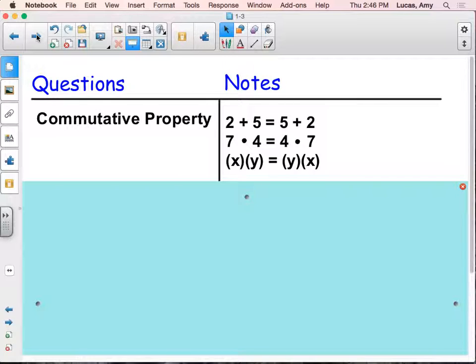So what you can see from these 3 examples is that the commutative property says that it's okay to change the order of 2 numbers that are being added or multiplied. And it doesn't change the value.